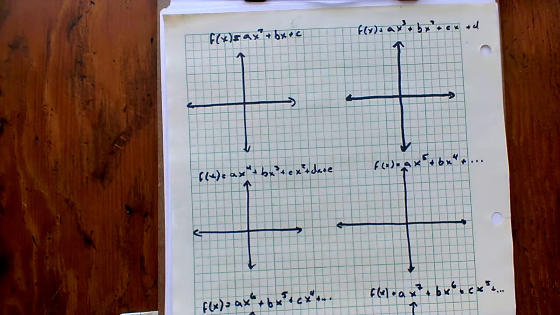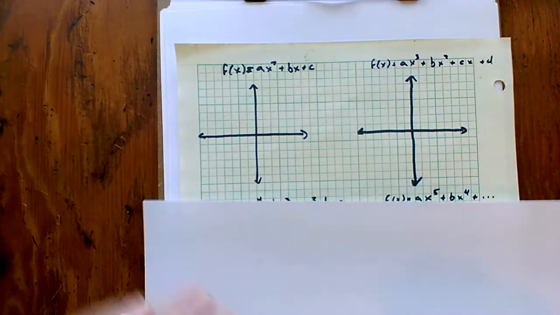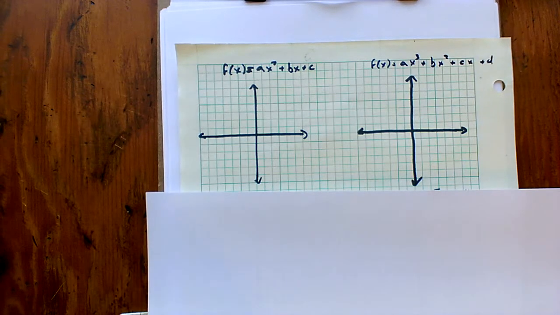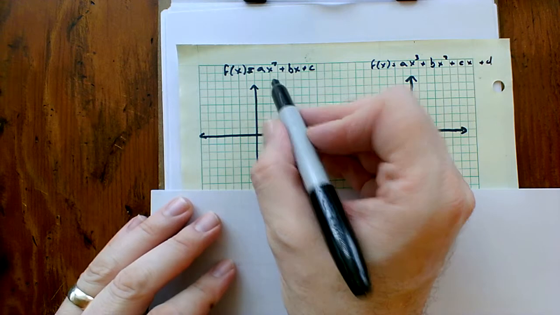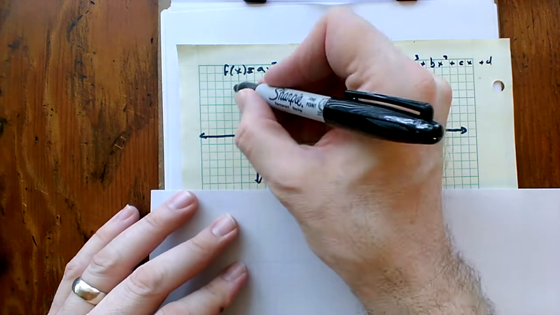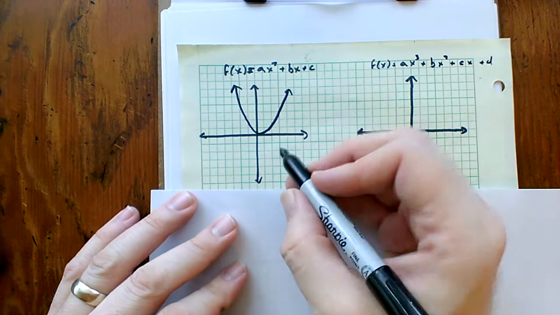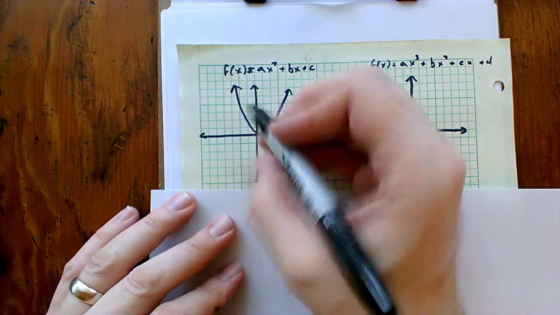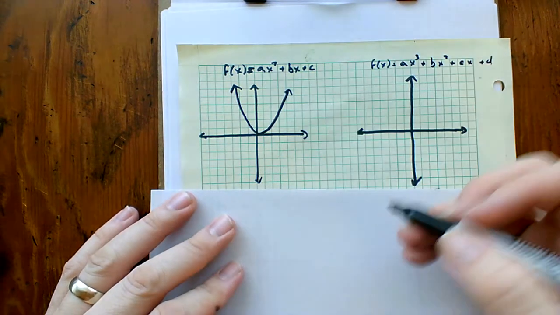We got a lot of information out here, so I'm going to just start with some of our simplest ones. Here, I've got a general form for a parabola, ax squared plus bx plus c, and we know that this is going to have this general shape. I've got both ends up, so in this case, a is positive.